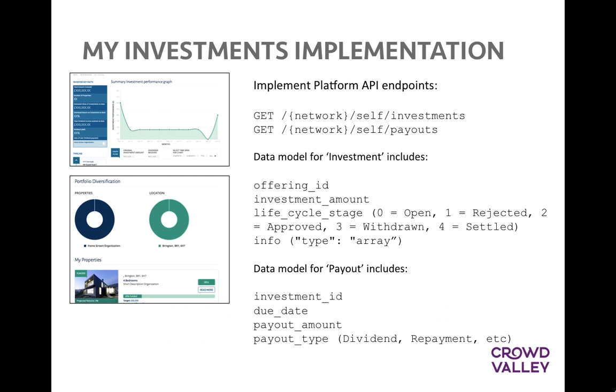All of these can be configured based on data coming back from the API, which is tracking the user's activity. And then in this particular case, we've also got this summary graph, which is a Bootstrap user interface element with some JavaScript to render the graph based on data coming back from the API.